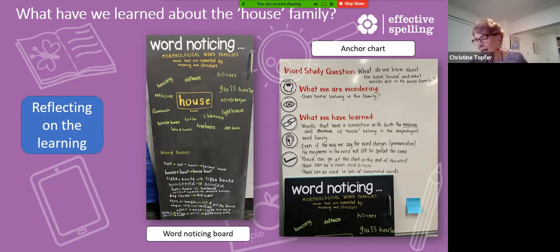They created an anchor chart, and you'll read about anchor charts also in the first chapter, where they'd written what their word study question was: what do we know about the base house, or H-O-U-S-E, and what words are in this family? And then they wondered about home and whether it belonged.